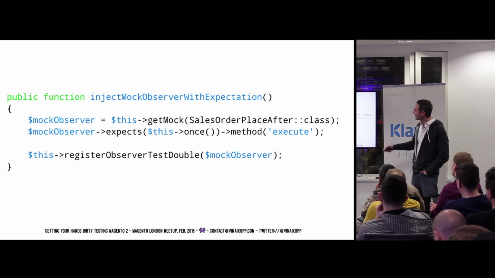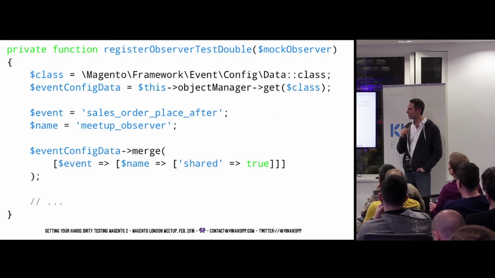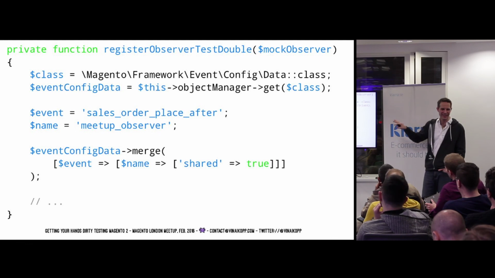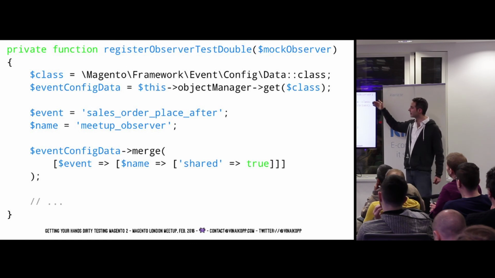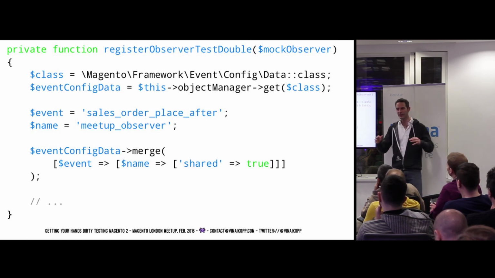Anyway, the next part is registering the observer test double, and I think this is probably the most interesting slide of this example, because writing integration tests for Magento 2 oftentimes looks like this. We mess with the configuration XML. Here, it's creating an instance of this config data class that happens to be the class that provides the event dispatcher with which events to dispatch, to which observers.